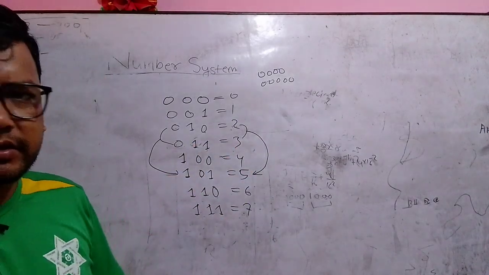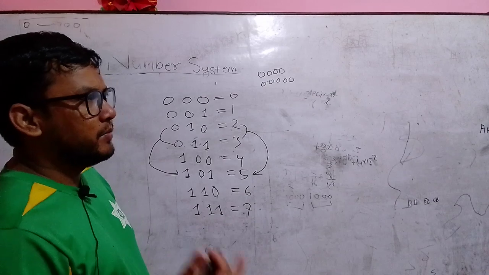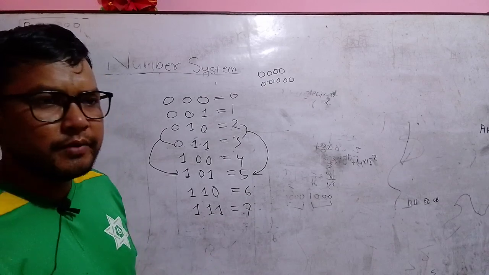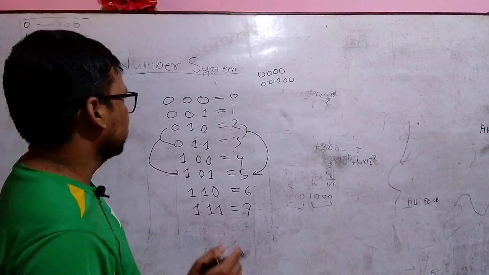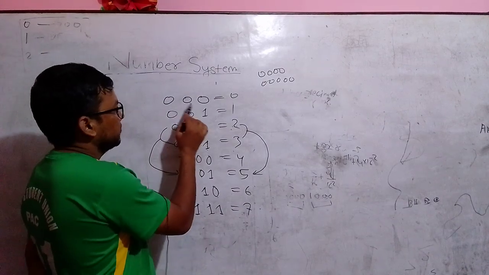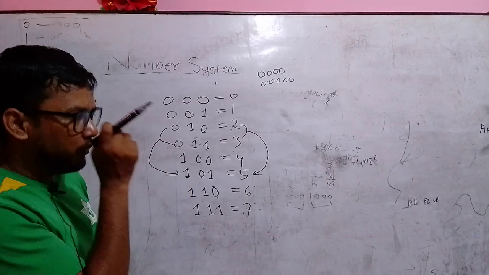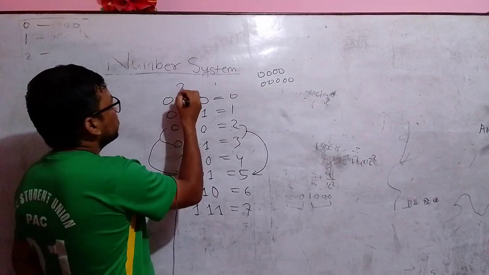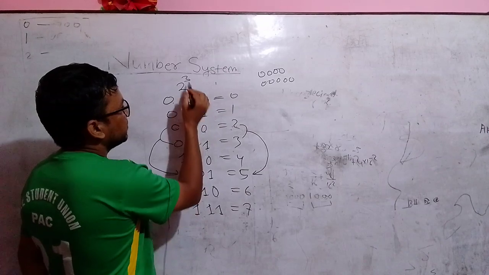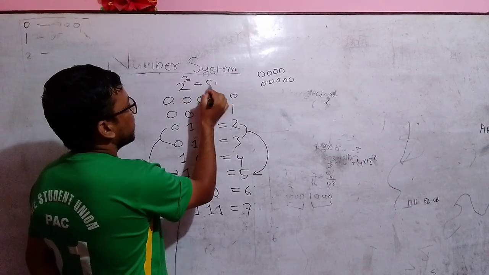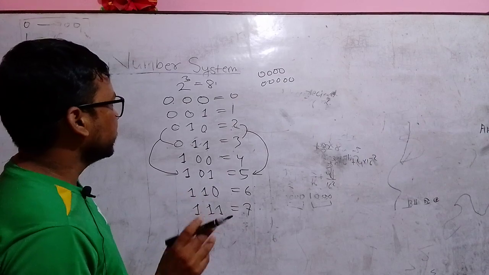Before going to the binary additions, now look here. How many unique numbers can we make from n combinations of binary digits? For example, this number contains 3 binary digits. We have a formula: 2 to the power of 3. How many digits are there? 3. And 2 to the power of 3 is 8 combinations. We can make 8 unique combinations.